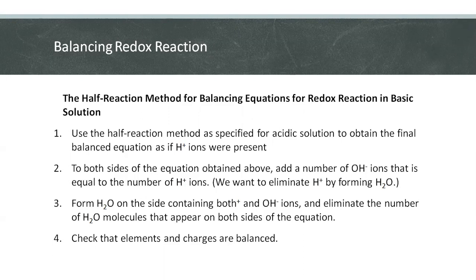Now, we need to eliminate that H plus to make it basic. In step 2, we add to both sides hydroxide, or OH minus. Hydroxide will make our solution more basic. By adding hydroxide, we can eliminate hydrogen plus ions, because when hydrogen plus and hydroxide are combined, they form water.